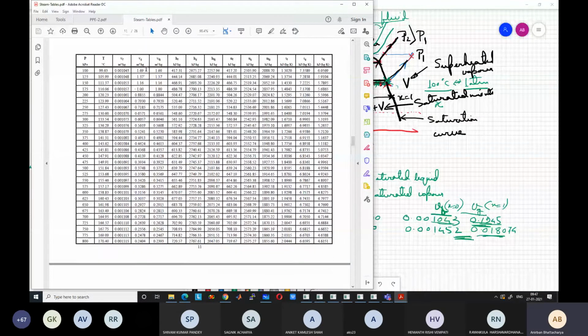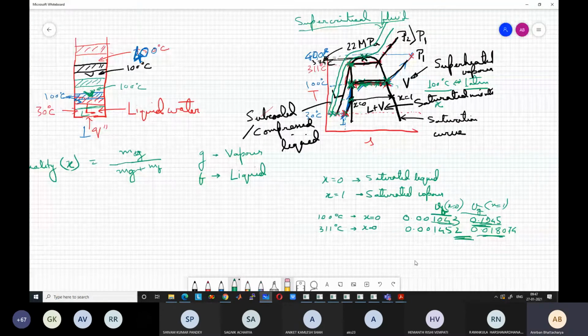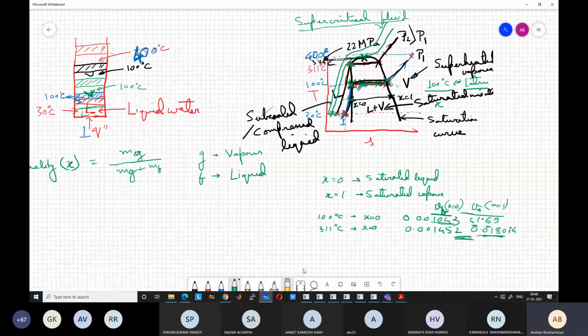So it was around 1000 times more. More than 1000 times difference was there. And now only around 10 times difference is there between the vapor and the liquid phase.